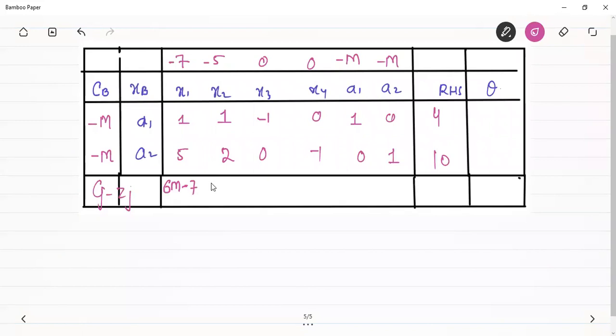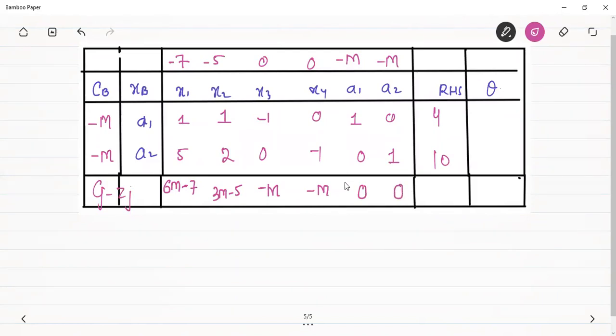Okay, you can check it as well. 3m minus 5, उसके बाद I think -m आना चाहिए यहाँ पे. यहाँ पे भी -m आ जाएगा. Minus m minus minus m will become minus m plus m. It will become 0. Similarly, this will also become 0.